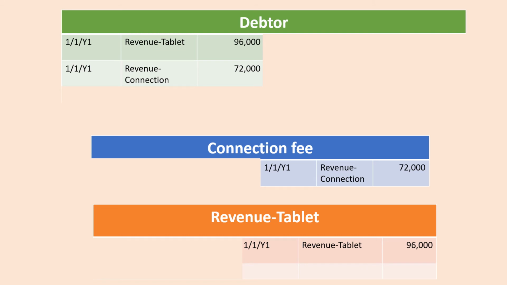Then we are assuming that during the period we receive cash from the customer of 10,000 per month for 12 months, which means 120,000.